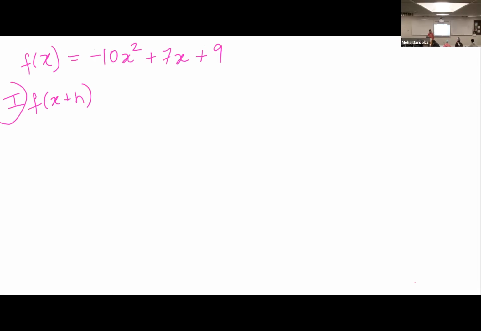So everywhere that we see an x, we are going to replace it with x plus h. So that means you will have negative 10 in the front, replacing the x. Keeping it blank for now, so minus 10 blank squared plus 7 blank plus 9. Okay, so wherever I have the blank, I will replace it with x plus h. Now again, you will need to do FOIL on that first x plus h squared.